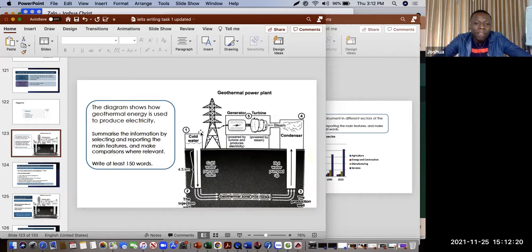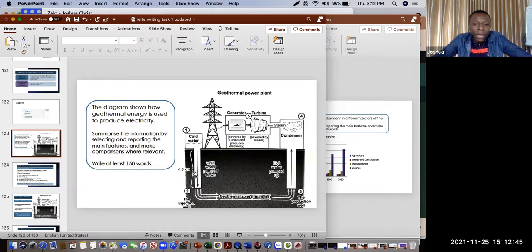Okay, so these are 5 main steps. And fortunately, you have the dimensions given. So we have here the injection well, and we also have the production well. So we have 2 wells here.